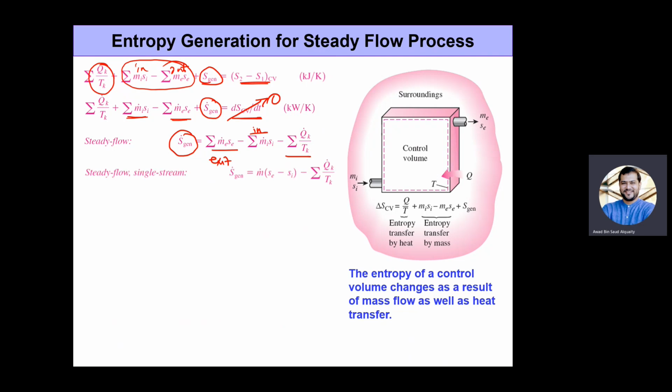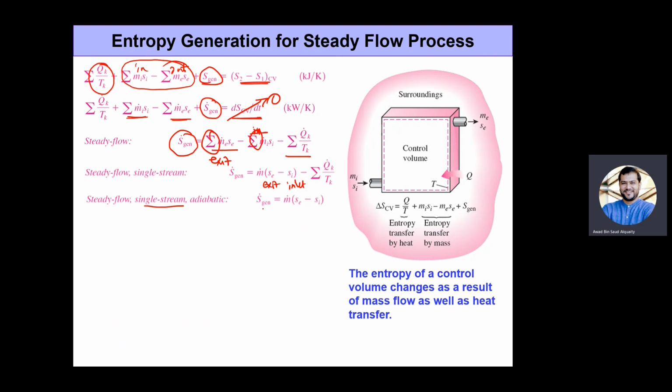Now, if you're dealing with a single stream, we don't need to have the summations. Okay, you can simply write entropy generation as m dot (se minus si), this e standing for exit, i for inlet, minus summation of Q by Tk. All right, Q being the heat coming into the system again. Now, if you're dealing with an adiabatic, single stream steady flow system, of course, the Q part goes out.